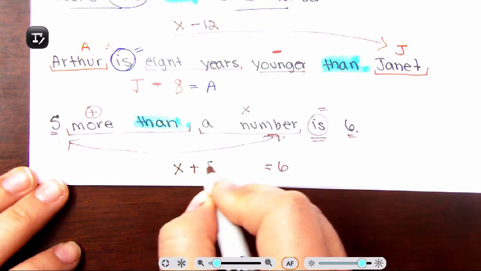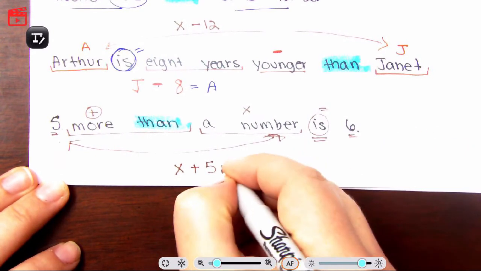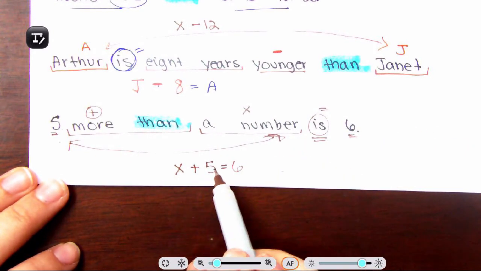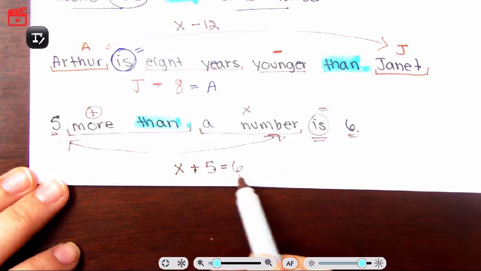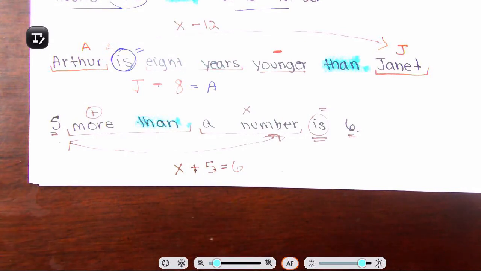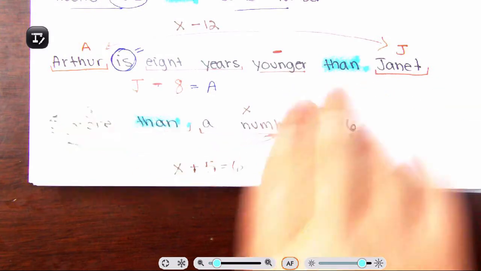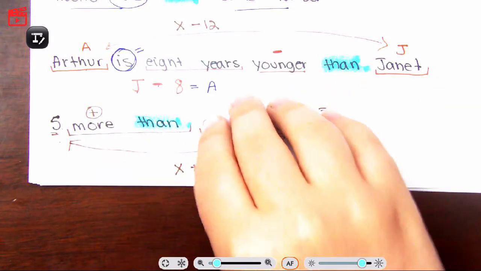We're going to add 5 to that, and then we have our equals 6. 5 more than a number is 6. Again, make sure that you're switching positions. I almost forgot that you need to switch the position of these two numbers.